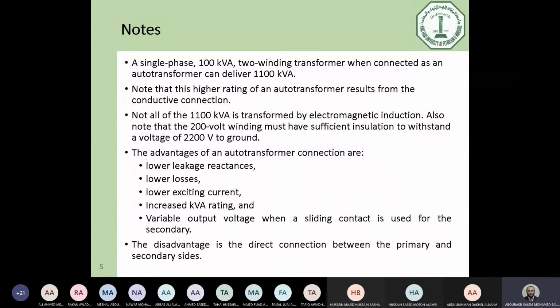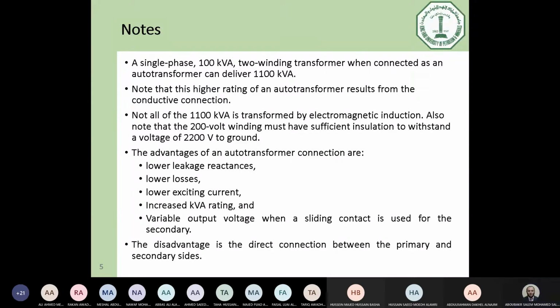If we compare the autotransformer of rating 1100 kVA with another corresponding two-winding transformer of the same rating, 1100 kilovolt ampere, you will find that the leakage reactances are lower in the case of the autotransformer.